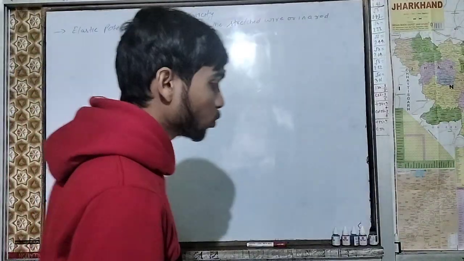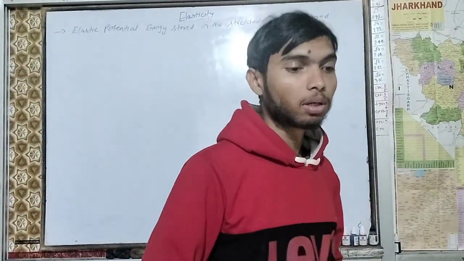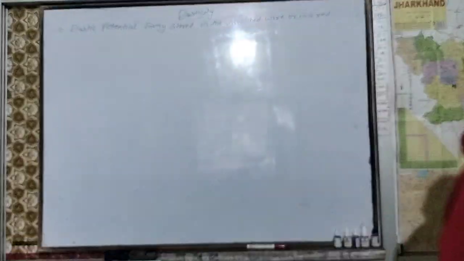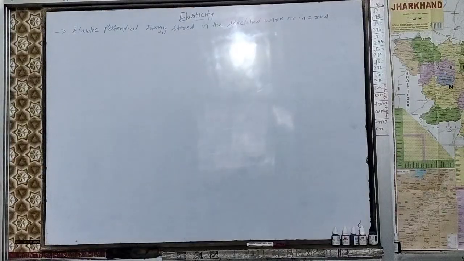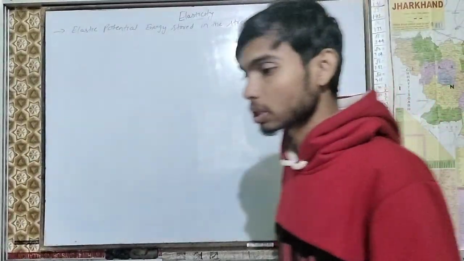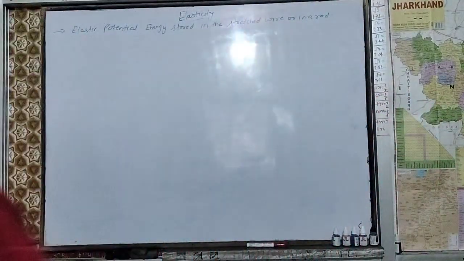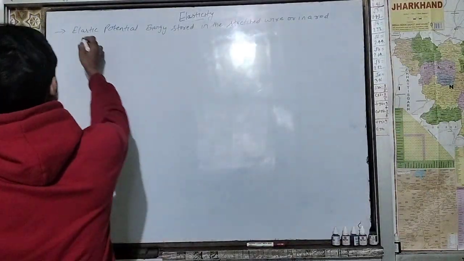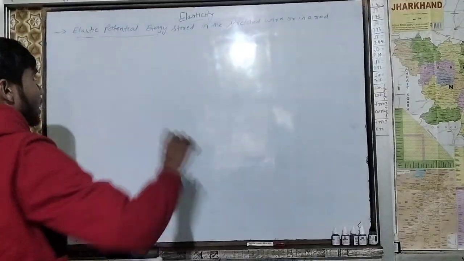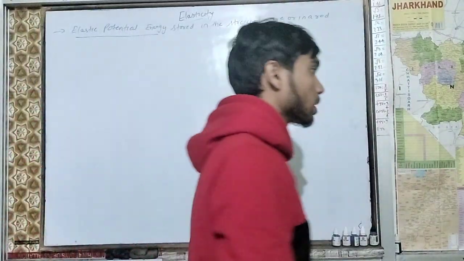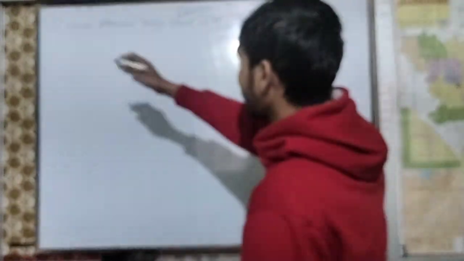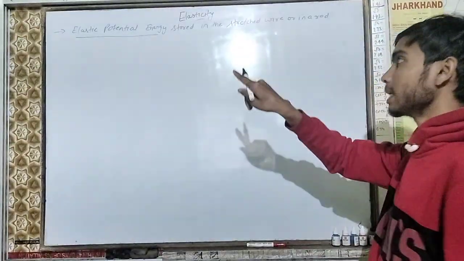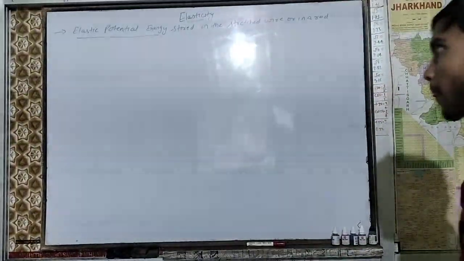Now we are going to find the equation so that questions can be solved based on this concept. So what would be that equation? This is important for this topic. I'm not saying electric potential energy, I'm saying elastic potential energy, or you can write it in short as EPE.